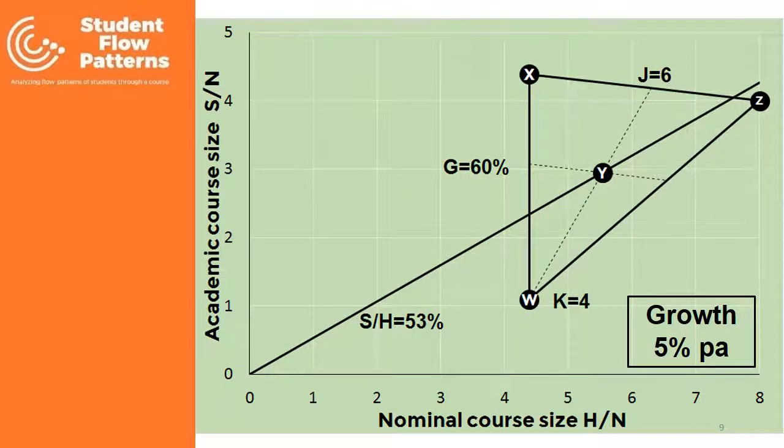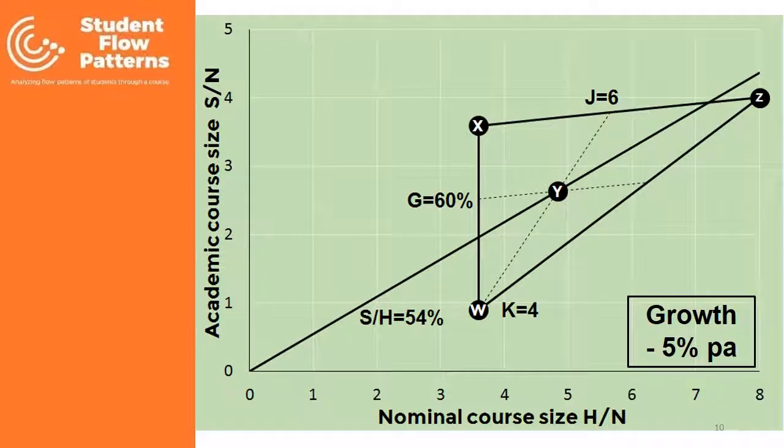This shows the flow triangle for a 5% increase in the average annual intakes of students, with the flow triangle being displaced towards the right. This shows the flow triangle for a 5% decrease in the average annual intakes of students, with the flow triangle being displaced towards the left.